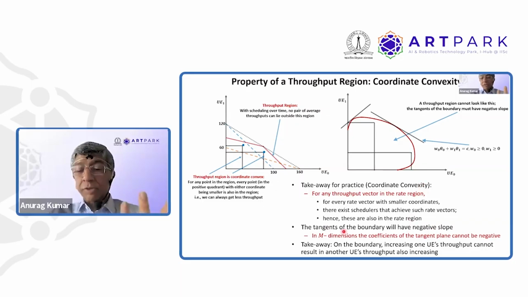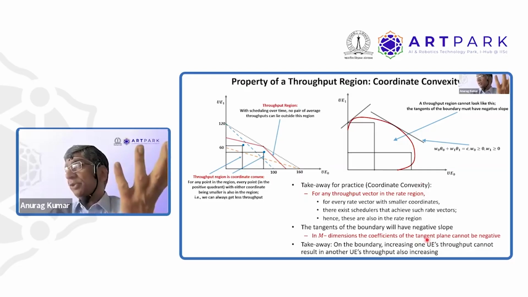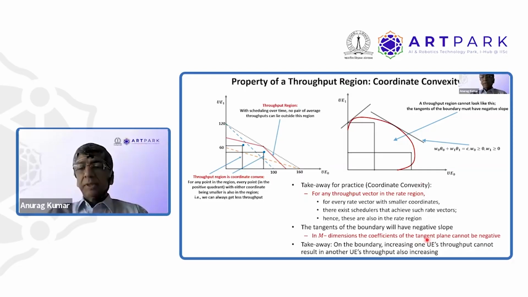For m dimensions, the coefficients of the tangent plane cannot be negative. They should be all at worst 0, but positive. And the positivity of the coefficients, if you transpose it to the right-hand side, you will get the physical property I explained: on the boundary, increasing one UE's throughput cannot lead to another throughput also increasing.